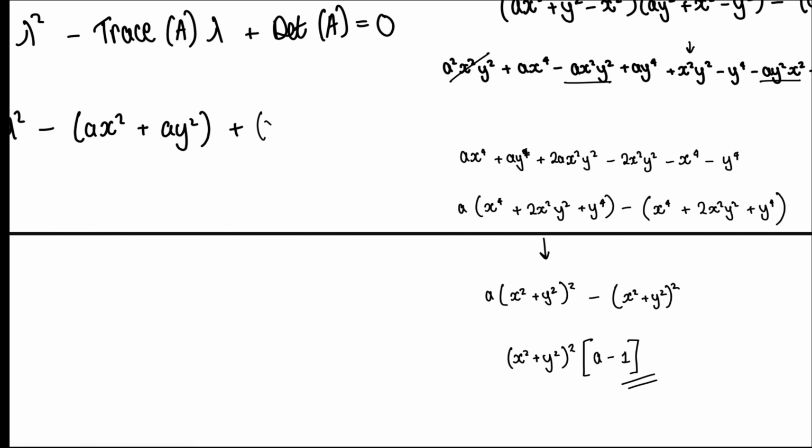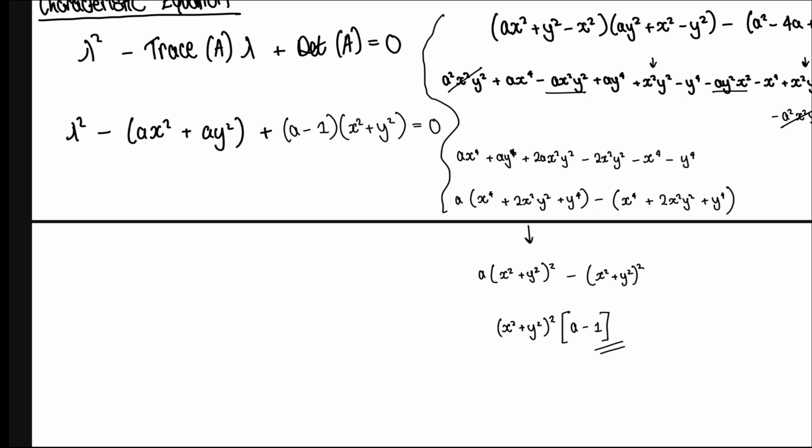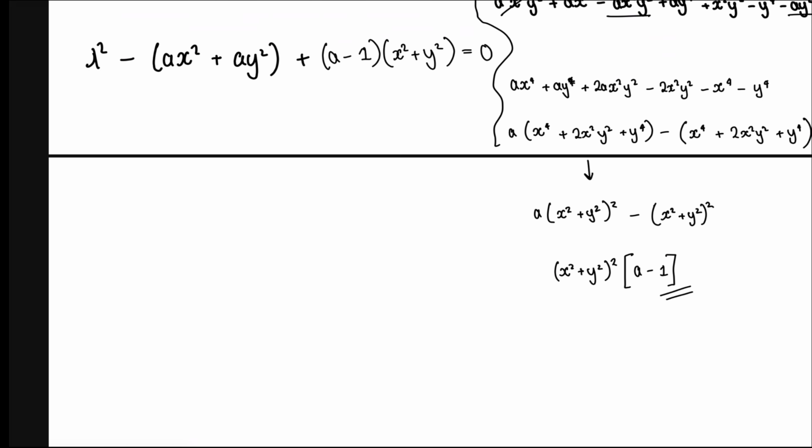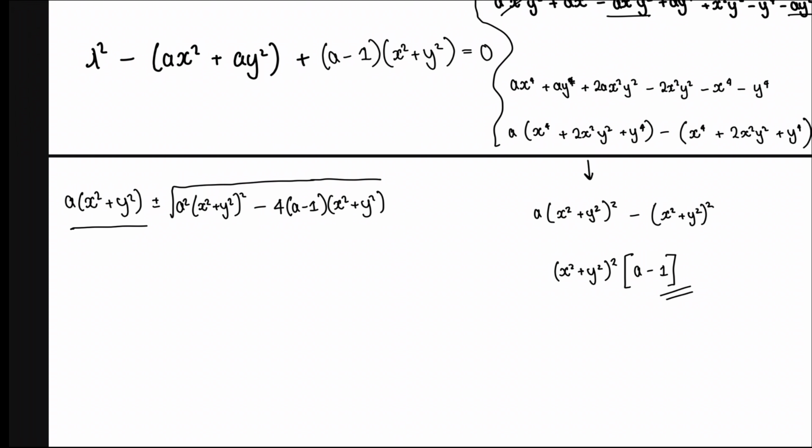So we have (a minus 1)(x squared plus y squared) all equal to 0. If we now use the quadratic formula to solve this quadratic, we get a(x squared plus y squared) plus or minus the square root of a squared (x squared plus y squared) all squared minus 4ac, so 4a times minus 1 times (x squared plus y squared), all over 2a, so just 2.